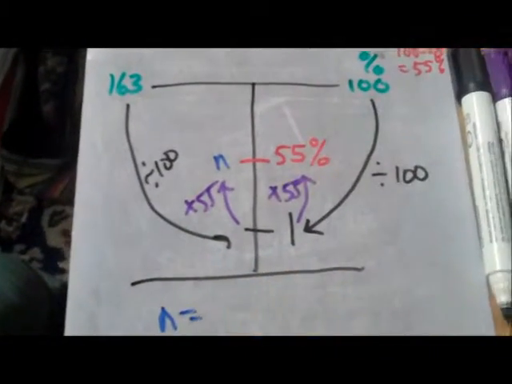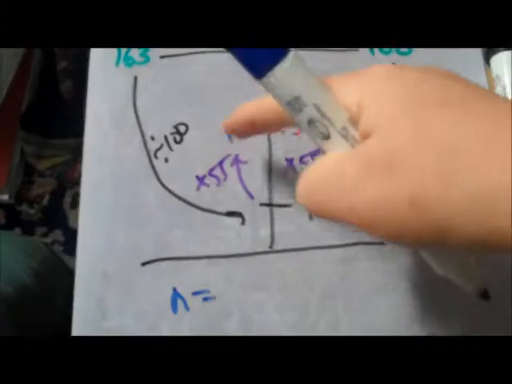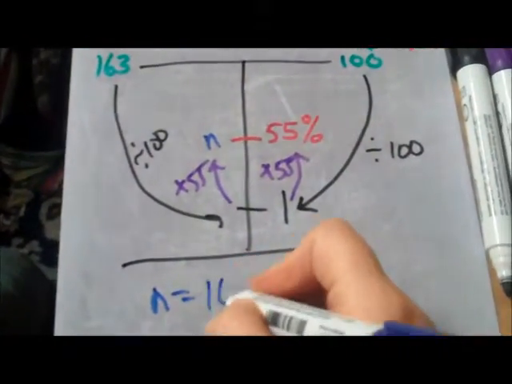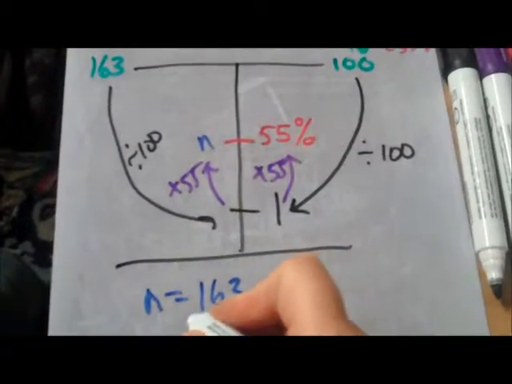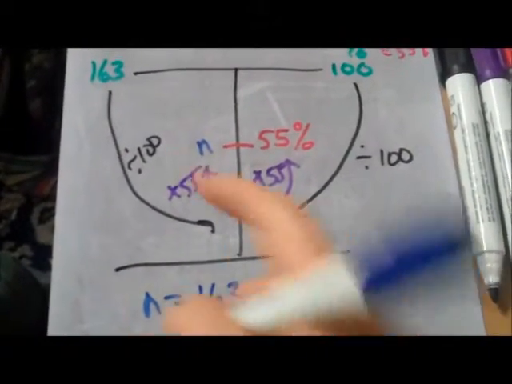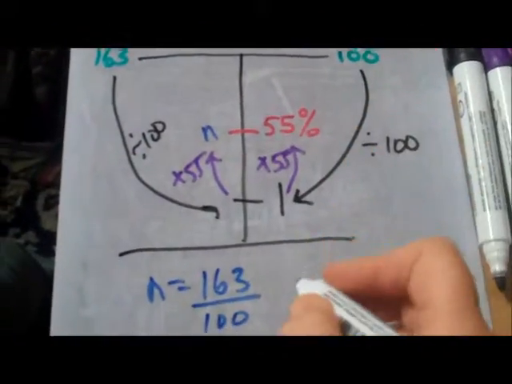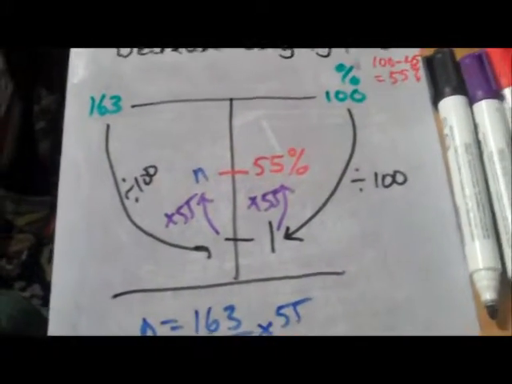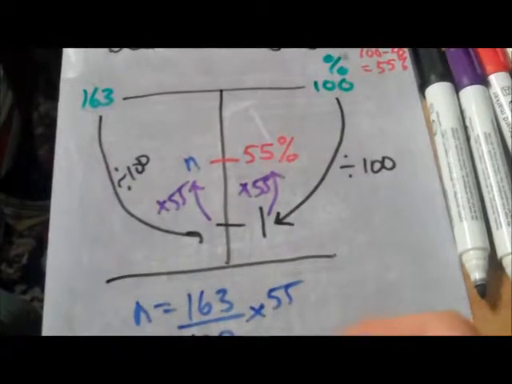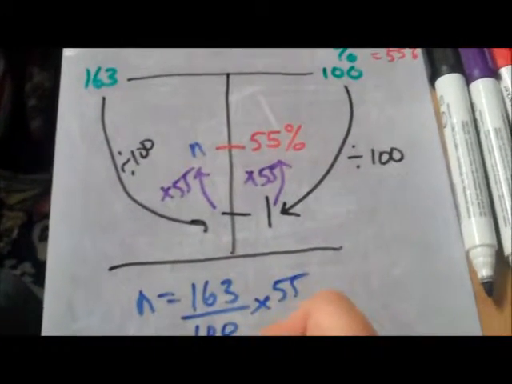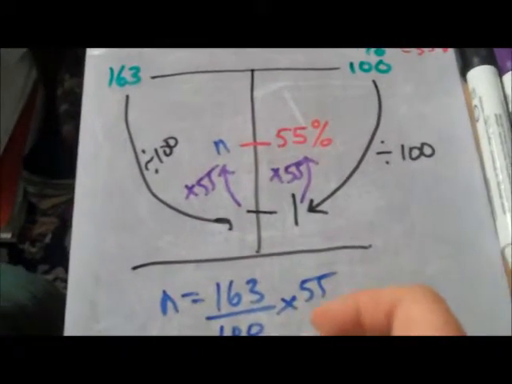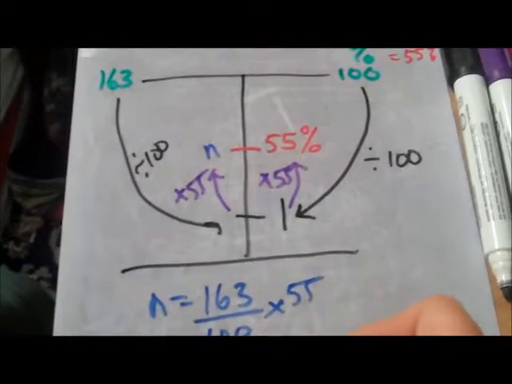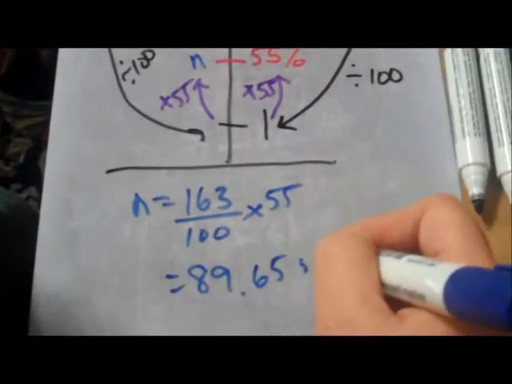My number is, follow the arrows back. 163. What did I do to it? I divided it by 100. What did I do to it then? That's the purple arrow. I multiplied it by 55. You can use your calculator for that one because I'm not going to work that out. 89.65 kilos. Oops, sorry.